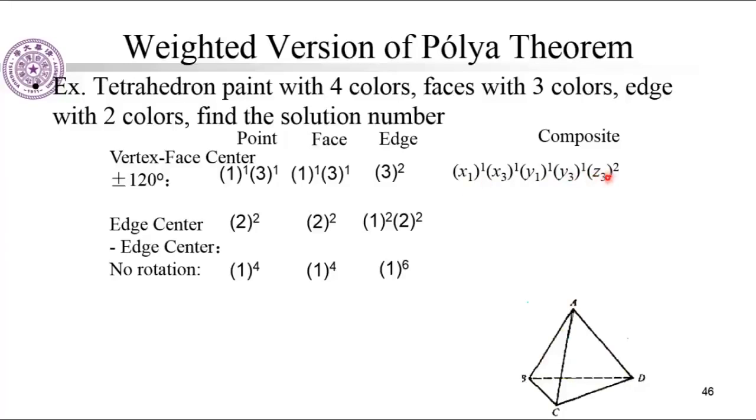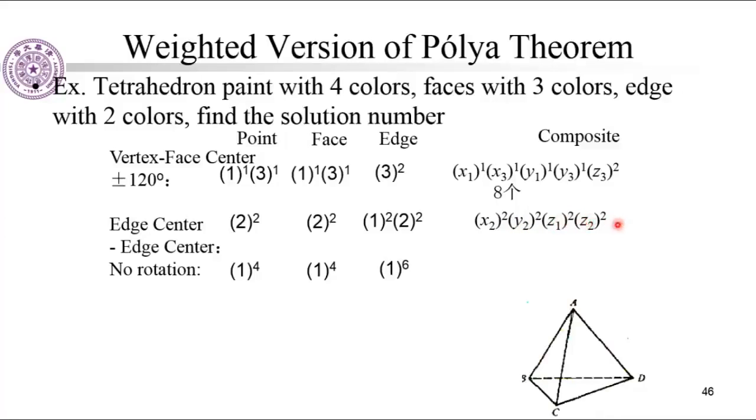For edge center to edge center, we also write it out. Because it consists of 2 order cycles, it is the x2 quadratic component multiplied by the quadratic component of y2. Because there are 2 different lengths of cycle for edges, we use z1 squared multiplied by z2 squared.